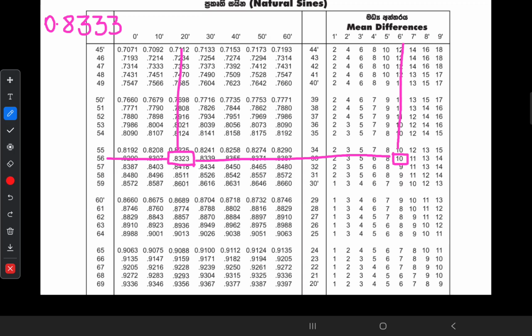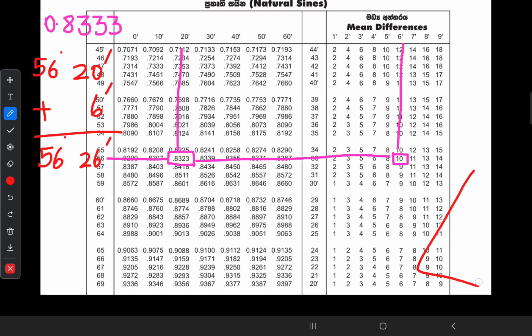The angle is 56 degrees and 20 minutes, plus the mean difference of 10, which belongs to the 6th minute. So 56 degrees and 26 minutes. That's the angle for y, between here and here. That was 56 degrees and 26 minutes.